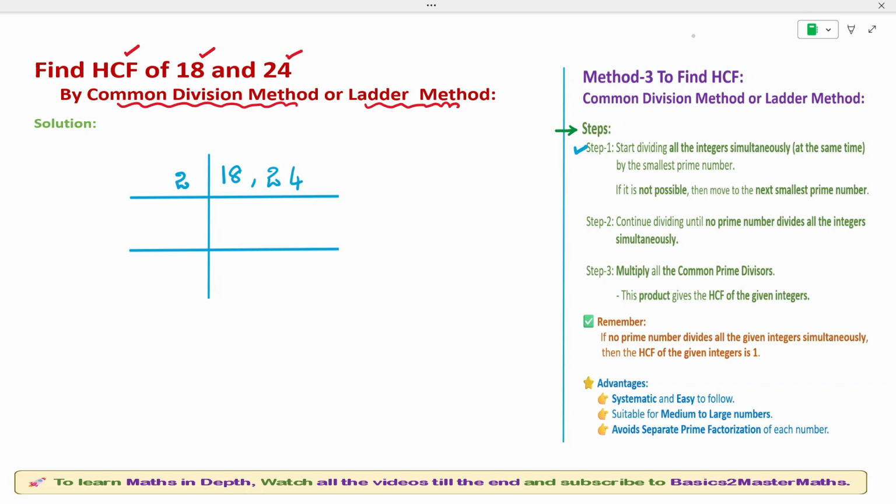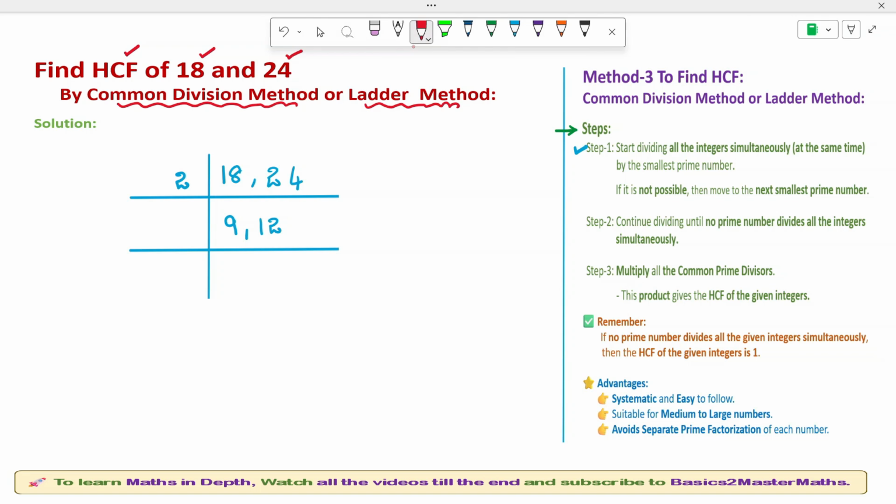Since 2 divides both integers 18 and 24 exactly, we get 9 and 12. Again, start dividing 9 and 12 by the smallest prime 2.